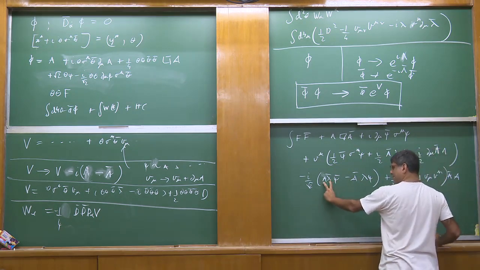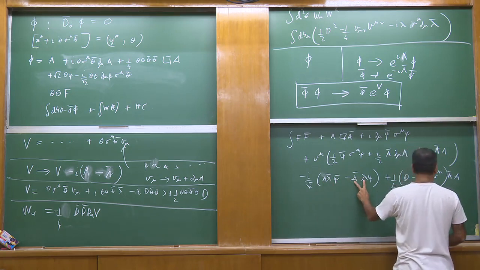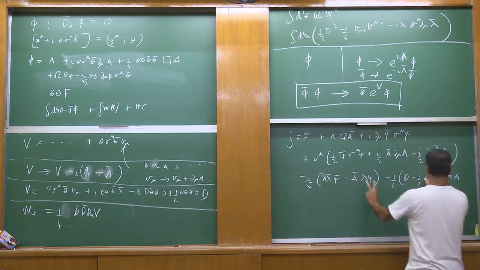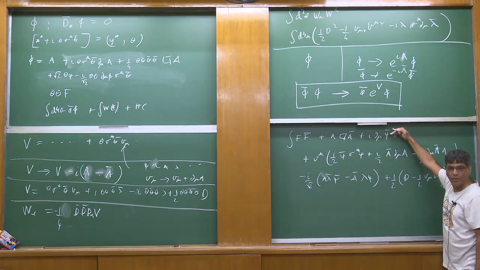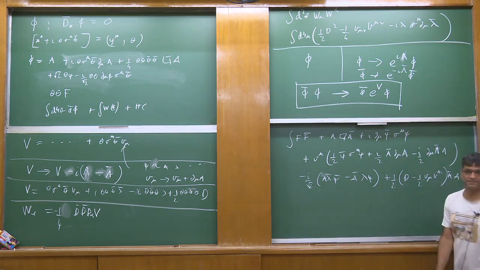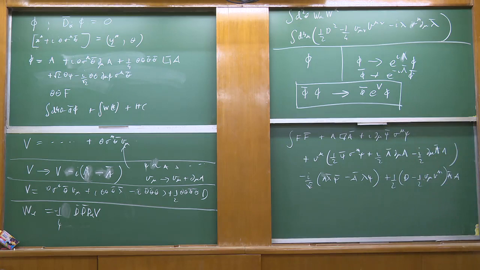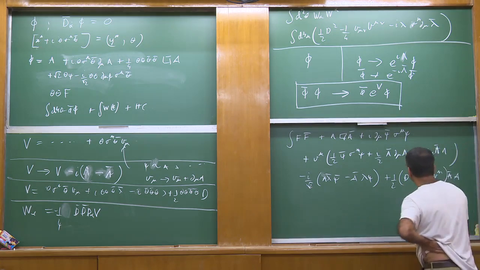This guy had 2 guys because it had an a and a lambda. This guy had 2 guys with a and lambda. This guy had 2 guys with v and mu. So if I put up here, this would be no v's, 1 v, and 2 v's. Okay, all good? Which one? V mu.